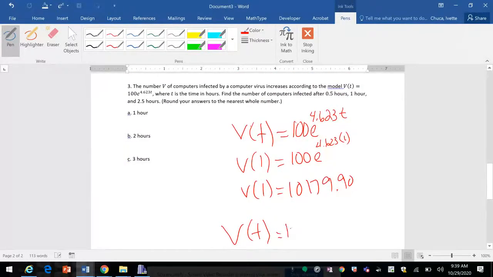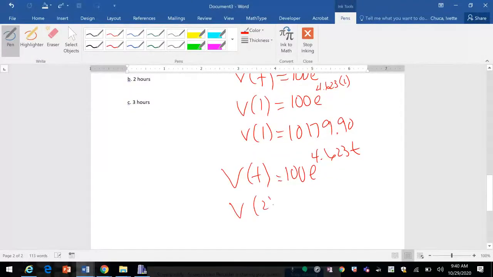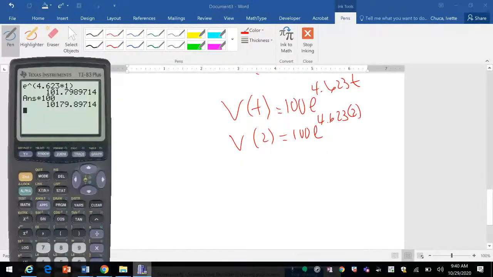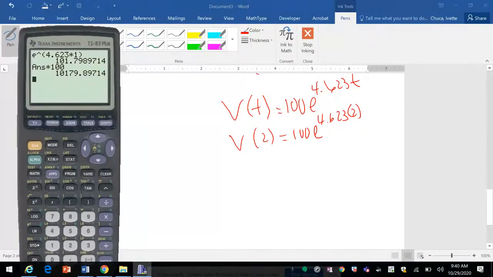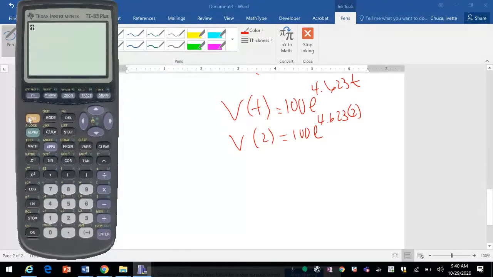So instead of 1 for t, we're going to substitute 2 hours. So we put that in our calculator. We have second E of 4.623 times 2, times 100.